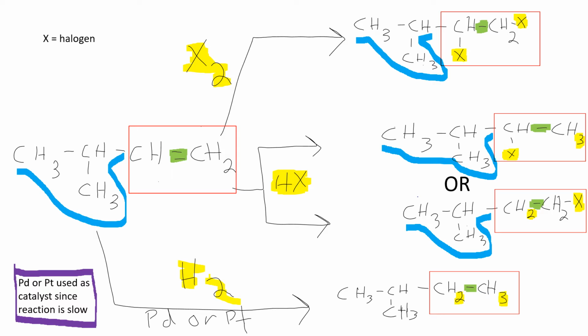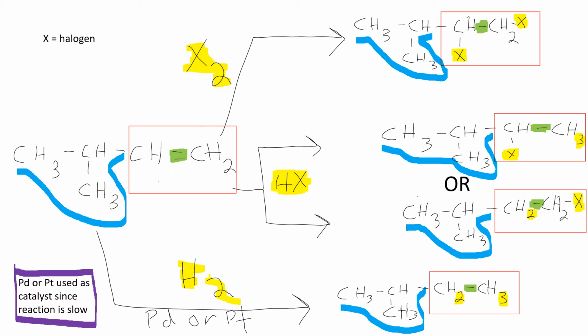And the last thing that we want to look for in these addition reactions is that the rest of the molecule remained unchanged. And I'm going to underline that in blue. You can see that the rest of the molecule remained unchanged. So in every single addition reaction that you're looking at, those three things are going to happen, regardless of whether it's a halogenation, a hydrohalogenation, or a hydrogenation.